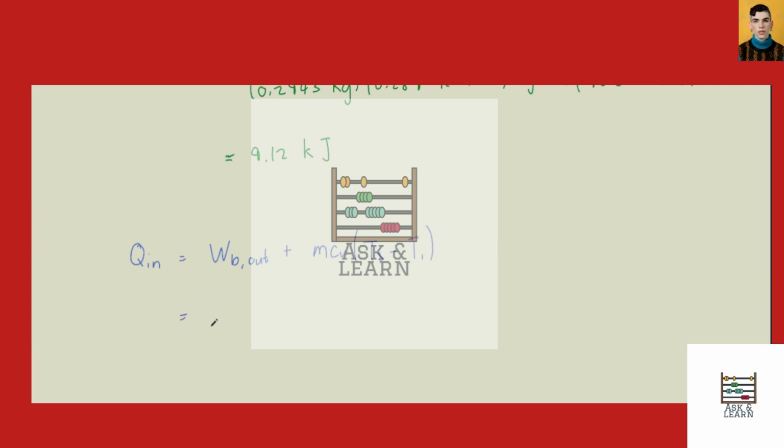And so this is the boundary work we just calculated, 9.12 kilojoules, plus the mass of air, 0.2943 kg, times the specific heat, 0.718 kilojoules per kg Kelvin, times the change in temperature between state 3 and state 1, which is 700 minus 296 Kelvin.